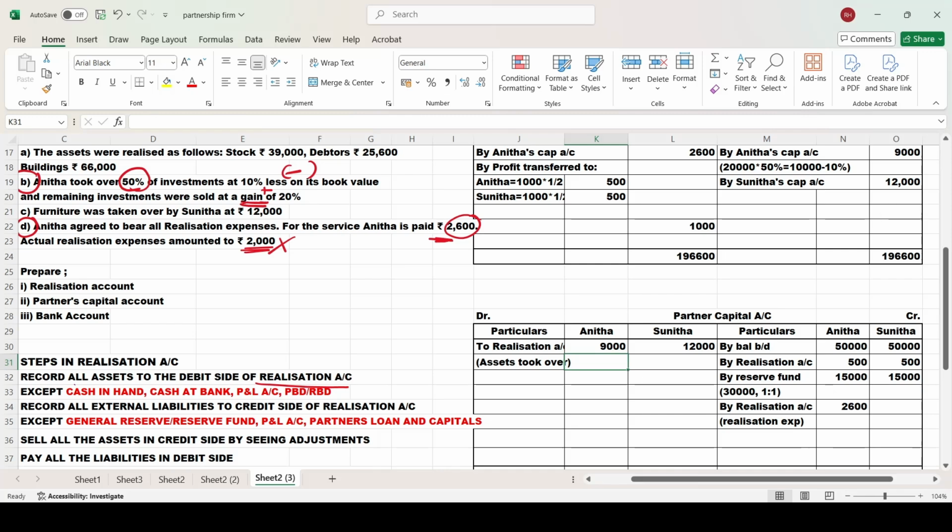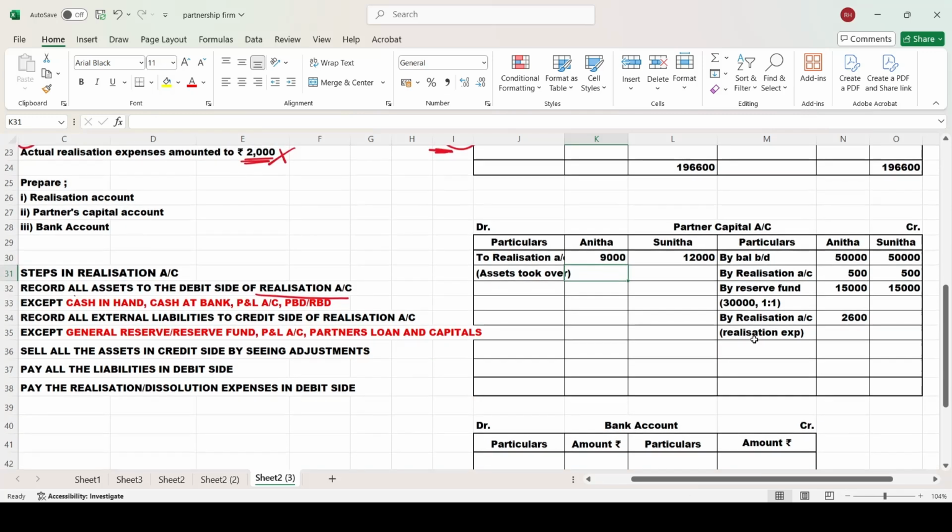Now we'll just total it and check. This side here you have 68,100. We'll write it here, 68,100, and here we have 65,500. We'll write this total on both sides.